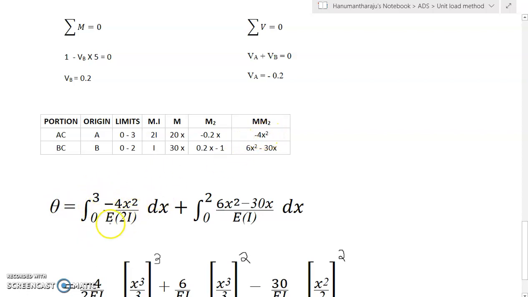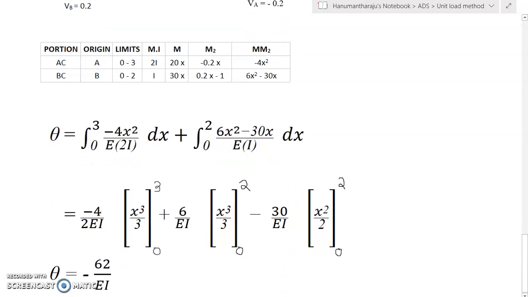You take these values in the formula, theta equal to integration limit 0 to 3, minus 4x square by E into I is 2I into dx, plus integration limit 0 to 2, 6x square minus 30x by E into I into dx. Here 4 by 2EI is constant, integration of x square dx is x cube by 3, limit is 0 to 3.